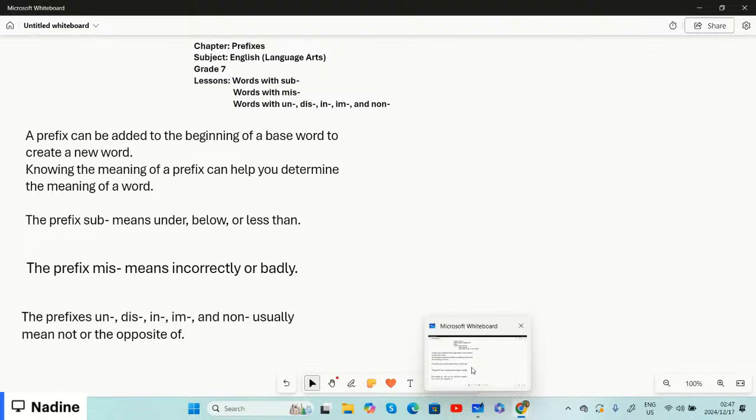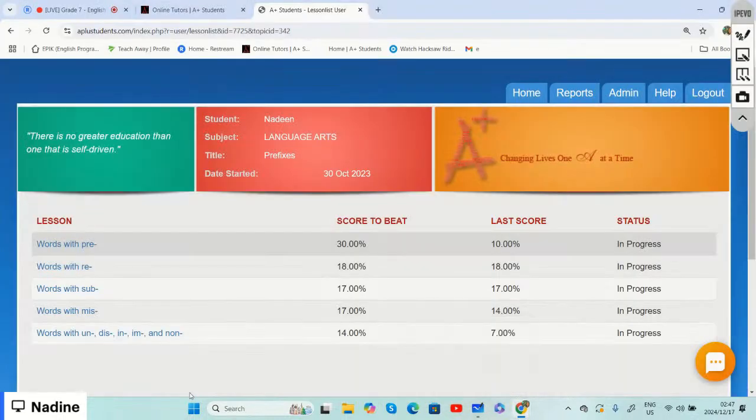And the other prefixes, un, dis, in, im, and non, usually mean not, or the opposite of something. And remember, we said a prefix is a word part that we add in front of, or at the beginning of, a base word. And once we add it to the base word, it changes the meaning of the word.